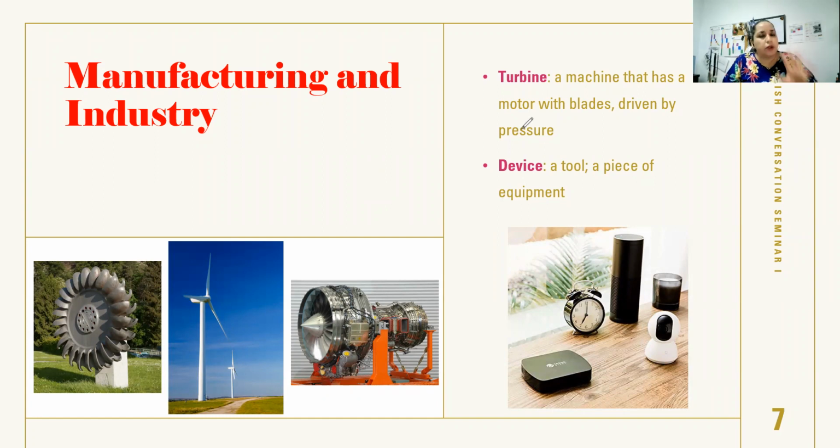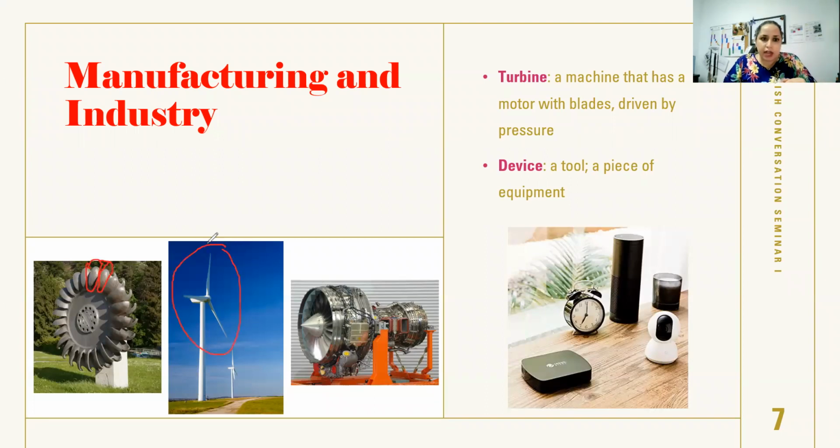So going back to turbine, a machine that has a motor with blades. What are the blades? These are the components of it. There are different types of turbines, and of course there will be different types of blades. It depends on what kind of flow they're going to take, what is the fluid that is going to go through?